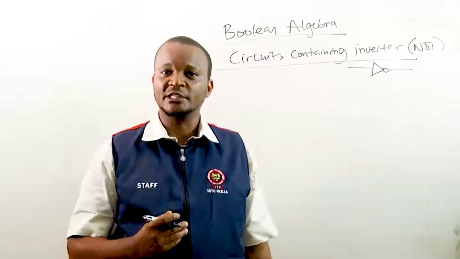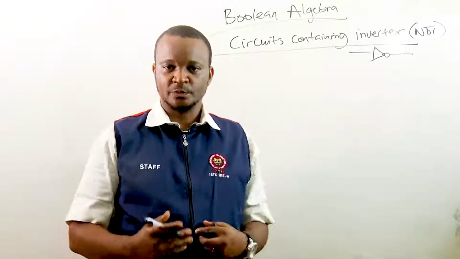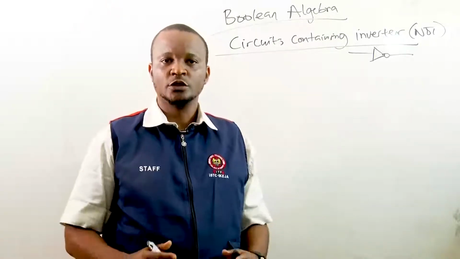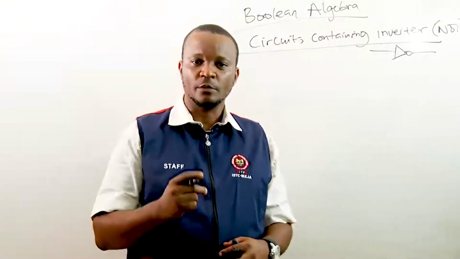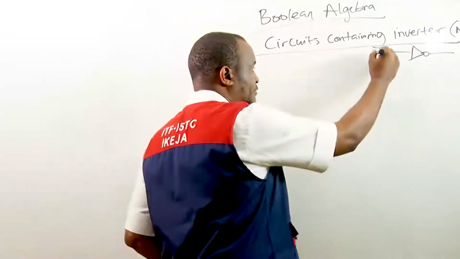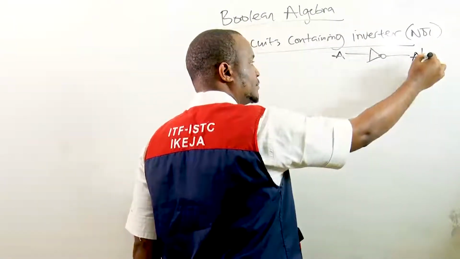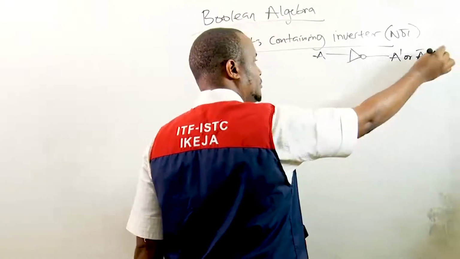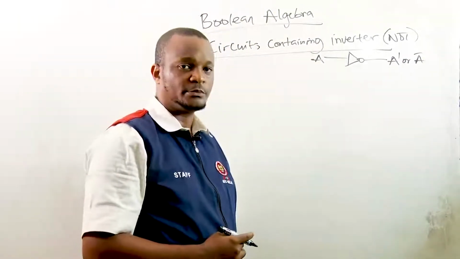Whenever an inverter is present in the logic circuit diagram, its output expression is simply equal to the input expression with a prime or bar over it. Okay? So which means if you have an A here, the expression here is A prime or A bar, and choose whatever means you wish to represent it.